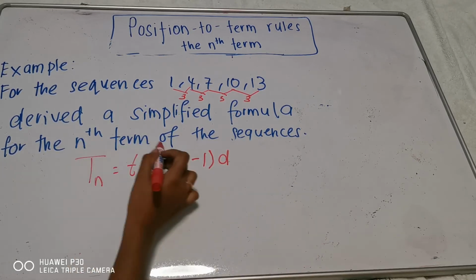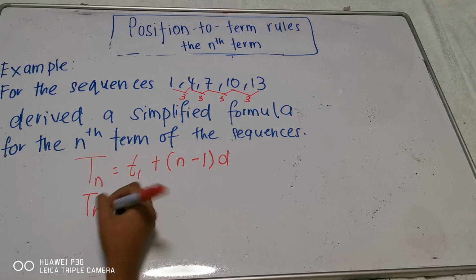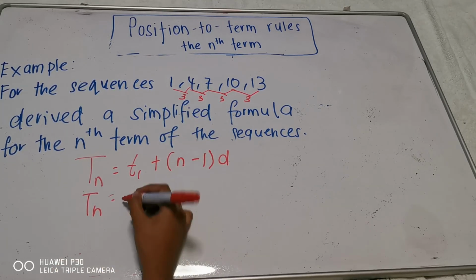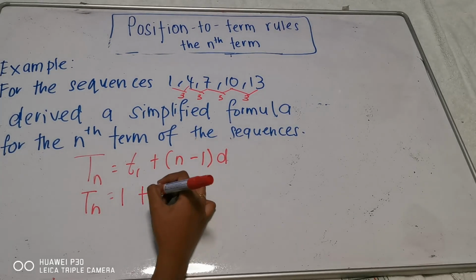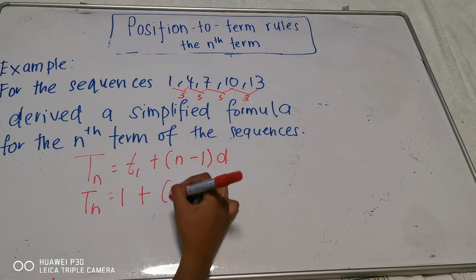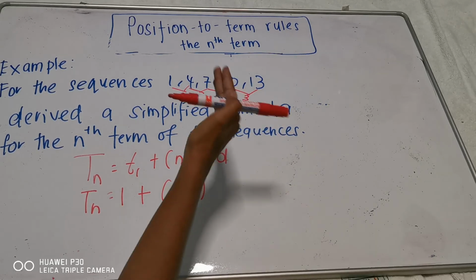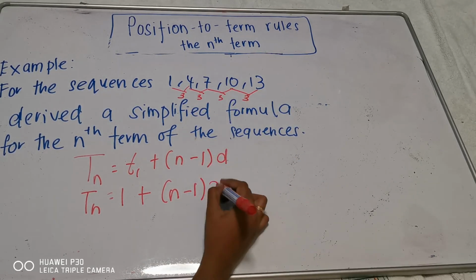So the nth term is going to be the same here. T1 will be the first term, which is 1, plus n minus 1, and d, again, is going to be the common difference, which is 3.